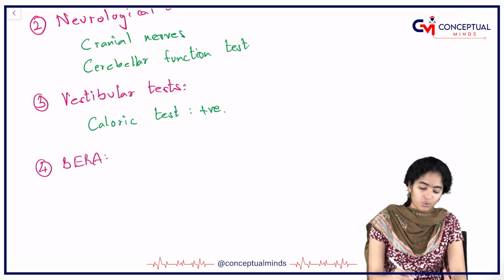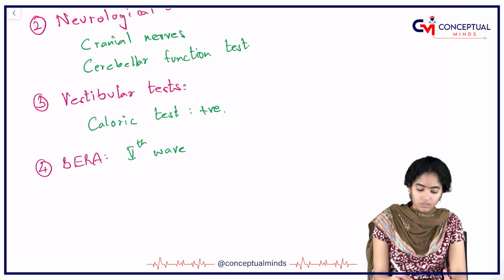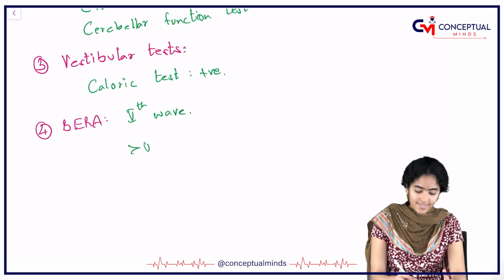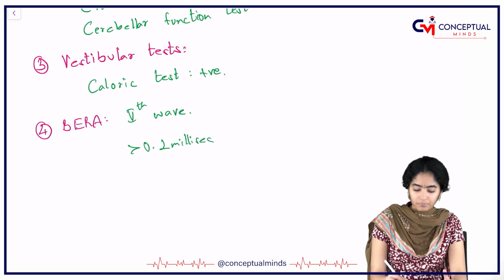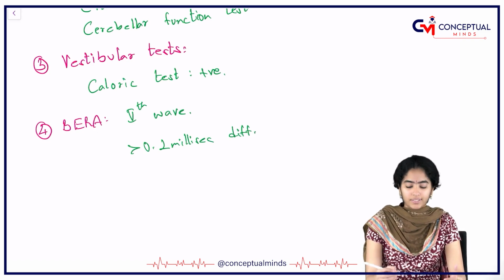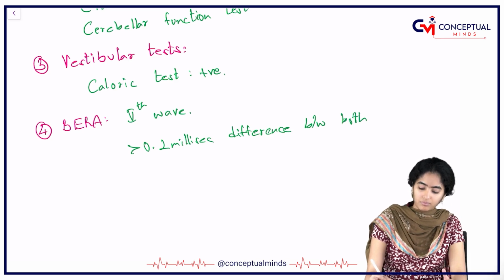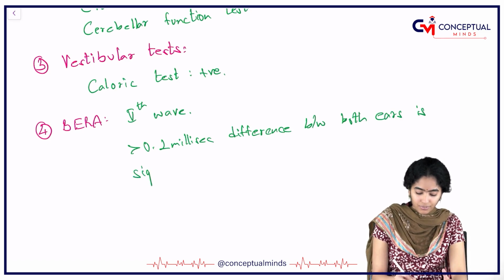In BERA, as you know, it is the 5th wave which is most significant. So, more than 0.2 millisecond difference between both ears is significant.